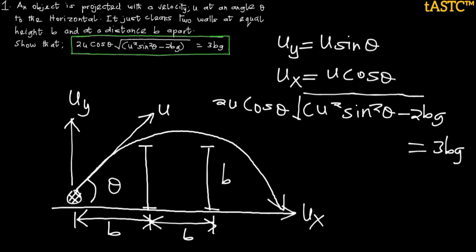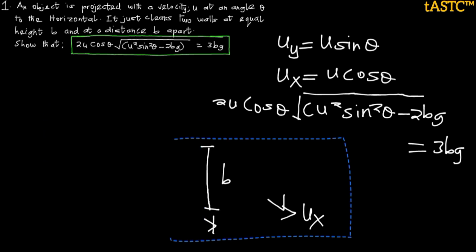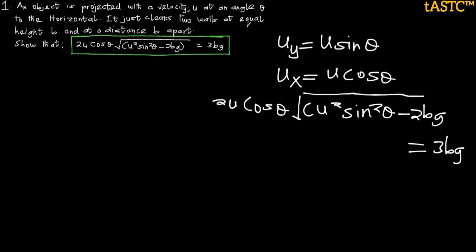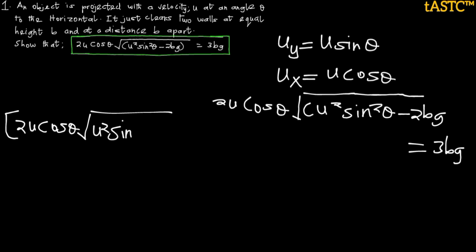So, I'm going to take these out for now. Now, if I square both sides, this is going to be 2u cos theta with the square root of u squared sine squared theta minus 2bg, and this is equal to 3bg. So we need to square both sides.